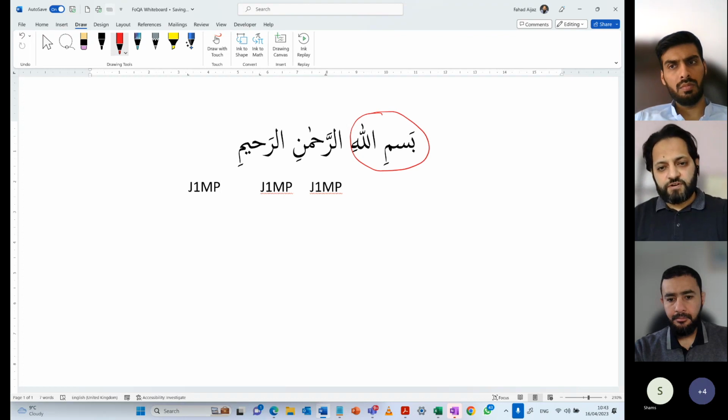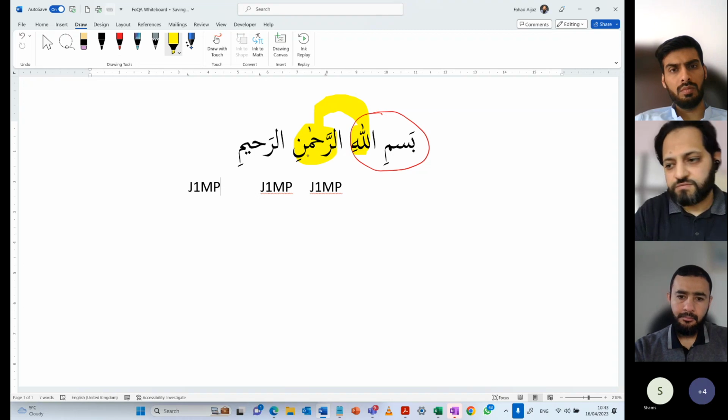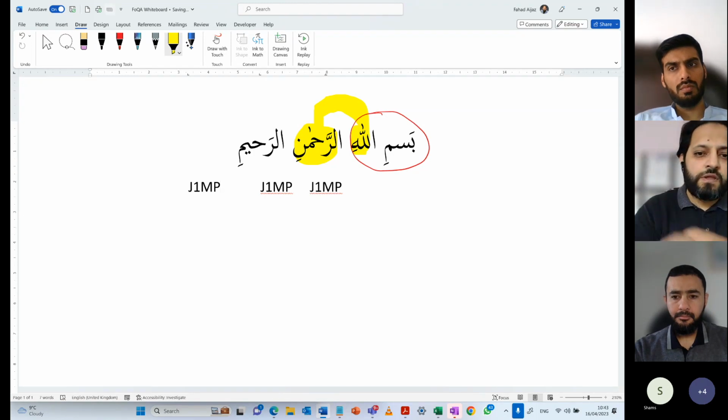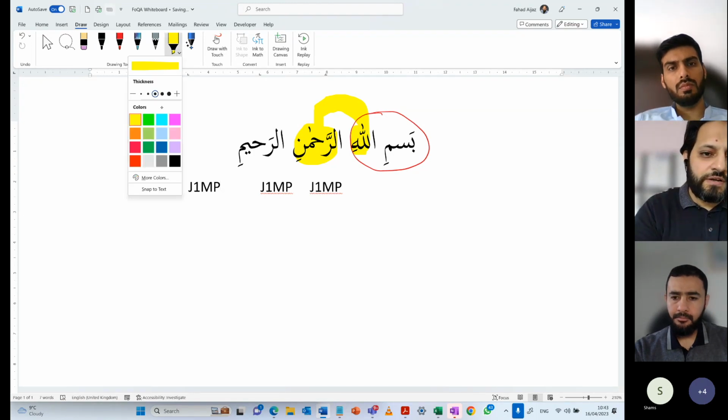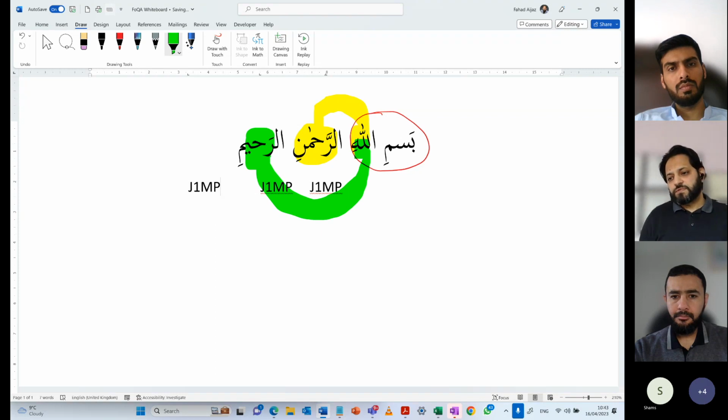Now then what you have is the word Allah is being described by one of its characteristics, Ar-Rahman. So the word Allah is Mawsoof, and Ar-Rahman is the first characteristic, the most gracious. Then you have another characteristic, Ar-Rahim, again connected to the word Allah, not connected to the Ar-Rahman. It is the characteristic of the word Allah.